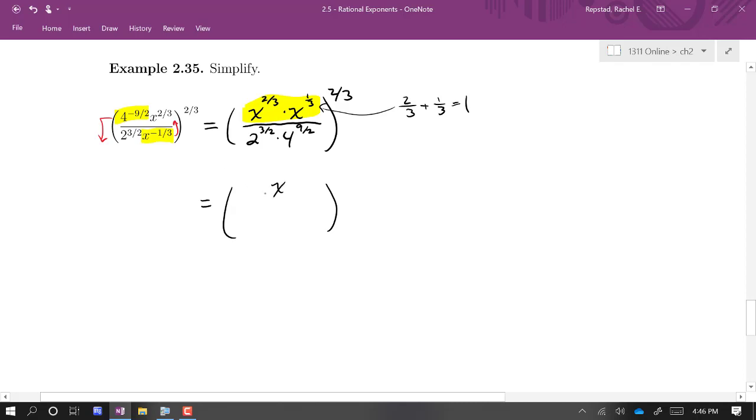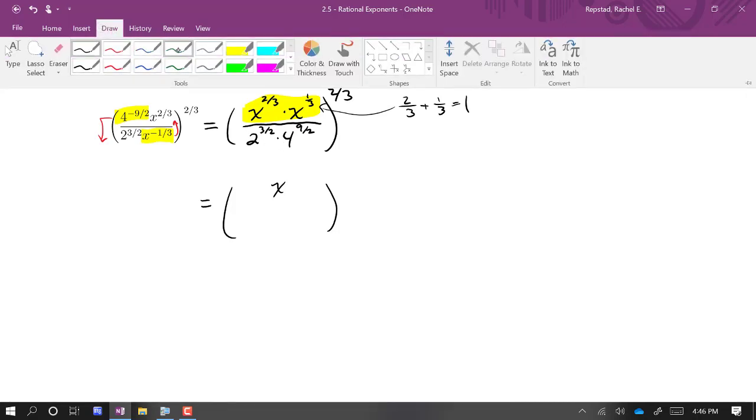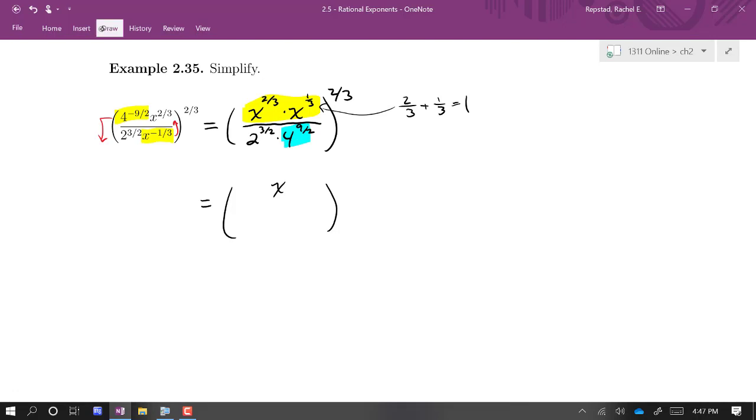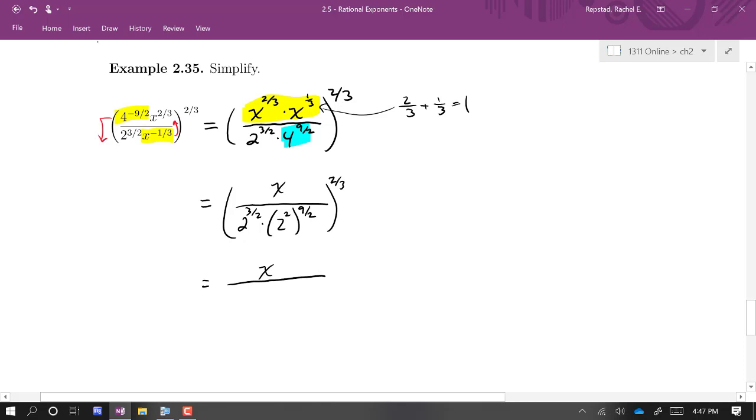Now on the bottom, I'm going to do a little bit of work to simplify this part first. So I've got my 2 to the 3/2. 4 is 2 squared, and that's the 9/2. I can raise a power to a power by multiplying, so that ends up becoming a factor of 2 to the 9th.